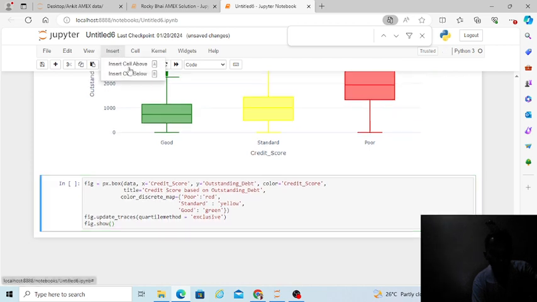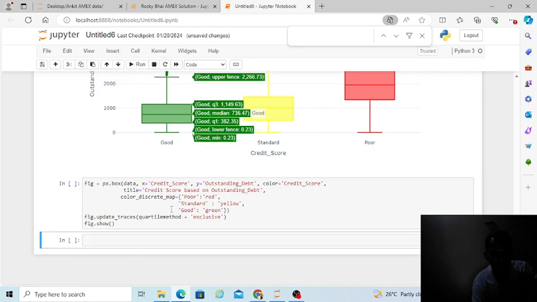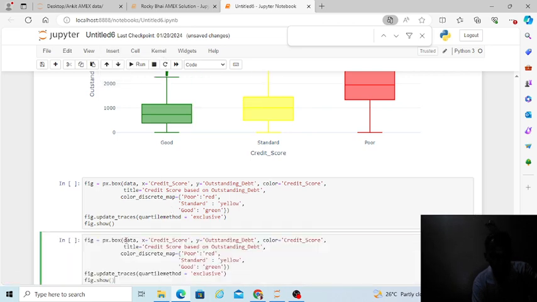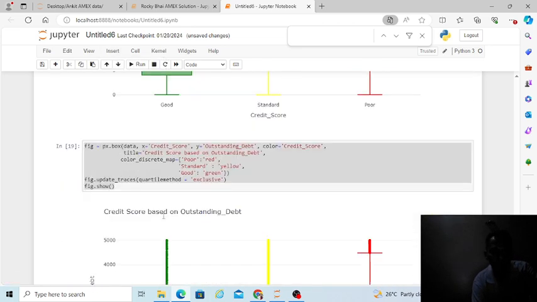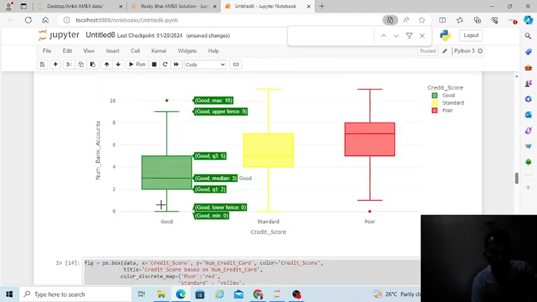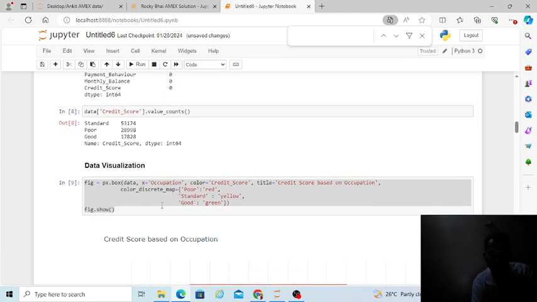and I will insert one more cell below, and I will go up and bring those columns.